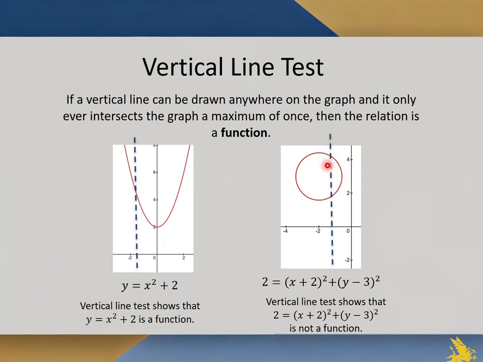If I draw a line straight down and it intersects in two places on the graph, it is not a function. Whereas if it intersects in only one, for example a parabola, it is a function. So please do a vertical line test to check whether it is a function or not.